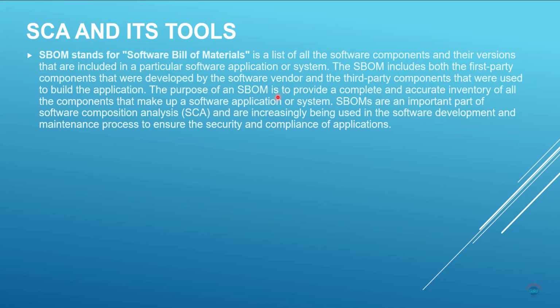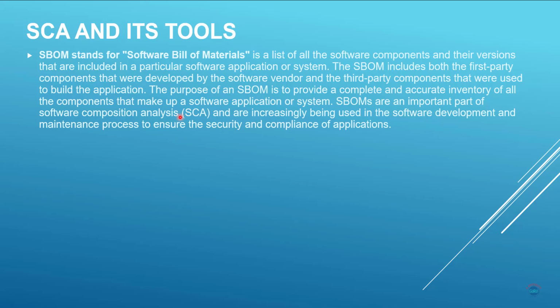SBOM will create a list of all such components that are being used in your application. Now, why we need this? Because this list is required to perform software composition analysis scan.